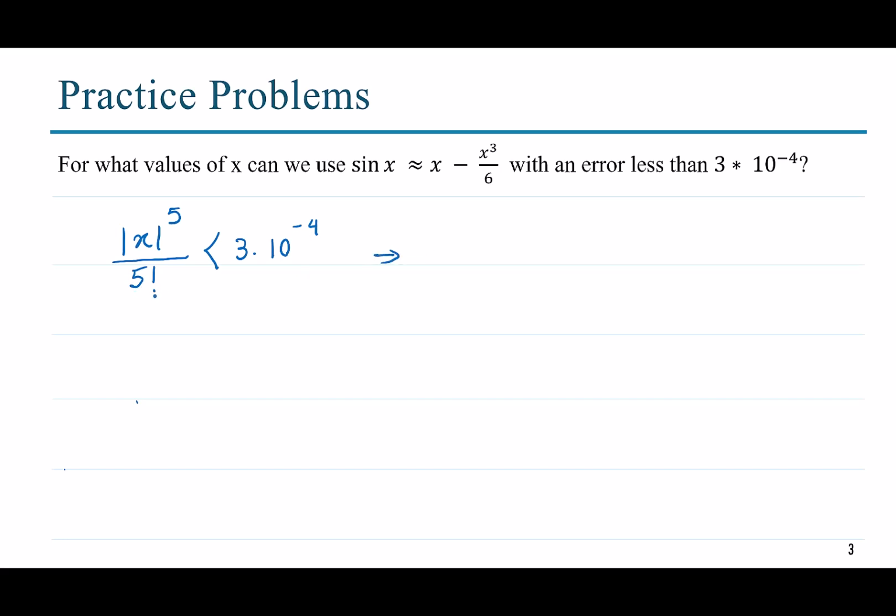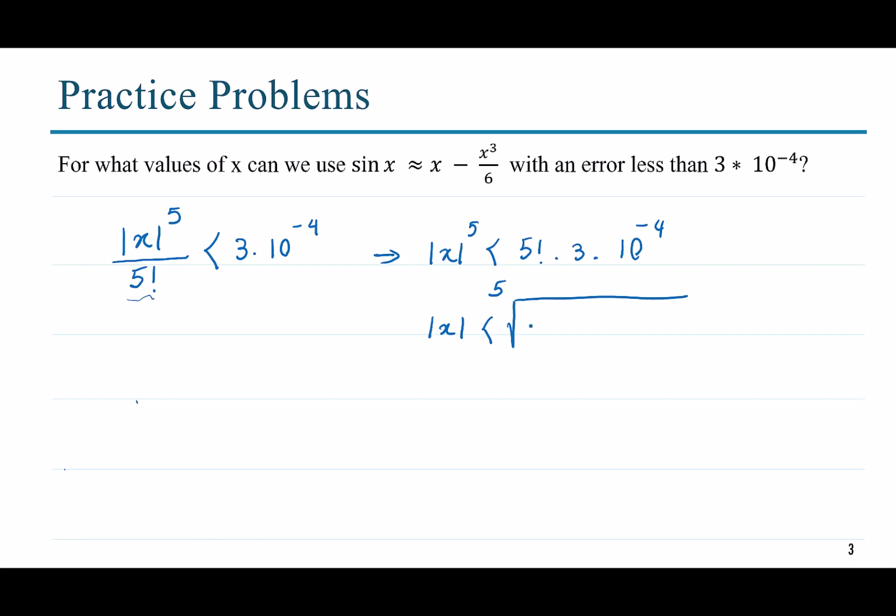I can take this 5 factorial to the other side. And the next step, I can find the root of this, so I'm going to take the fifth root of both sides of this equation, and I end up with this.